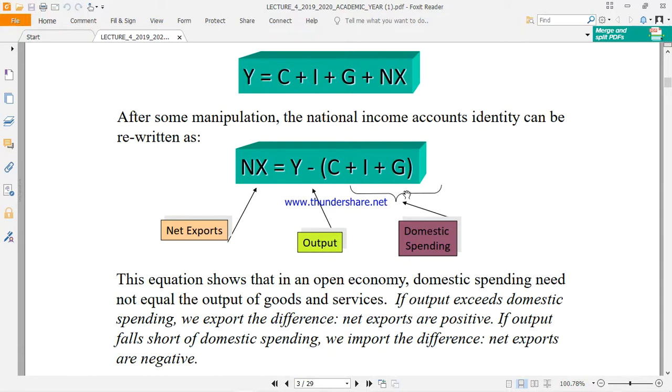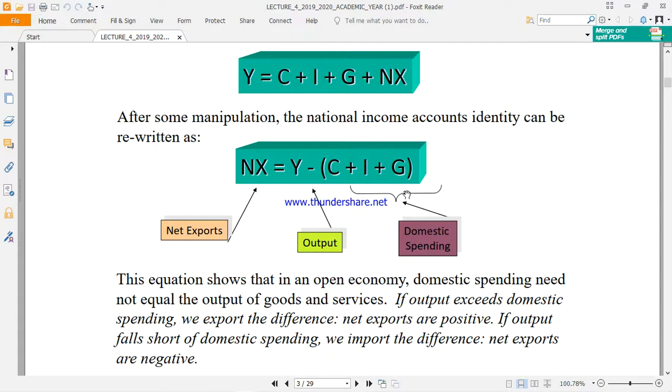So we understand that net exports is just the difference between what we export and what we import. Then we are saying that net exports is equal to total output minus domestic spending, and we understand that domestic spending is just domestic demand, which is the demand that comes from within the economy.